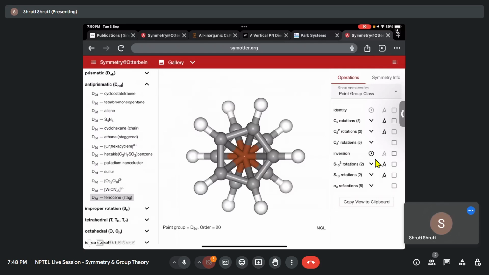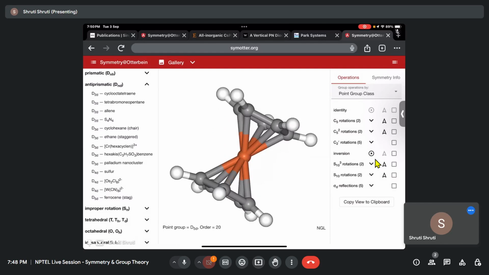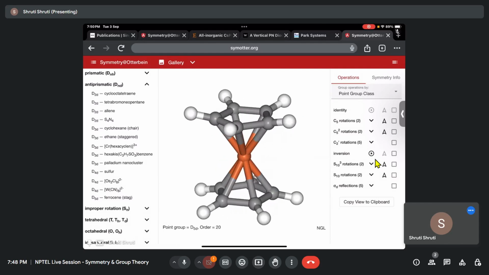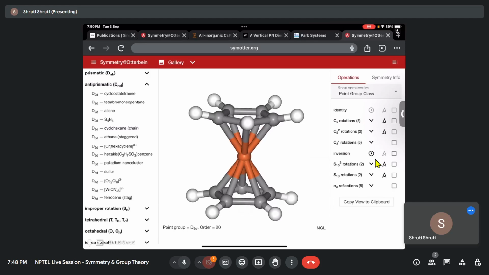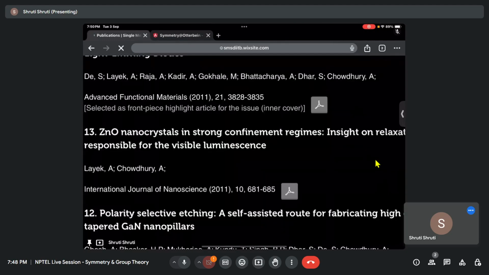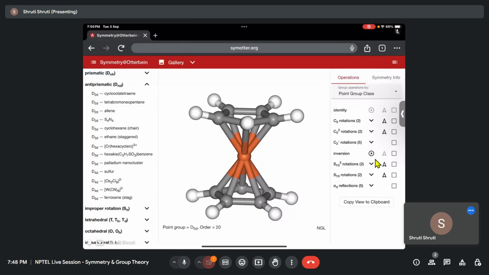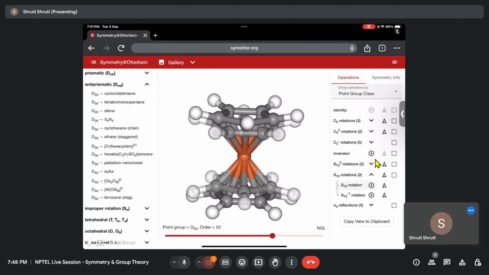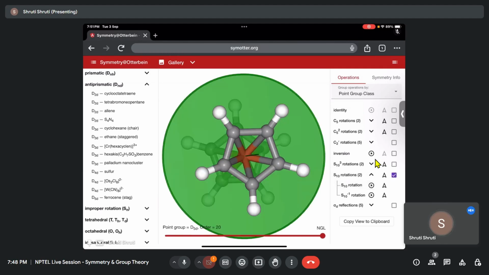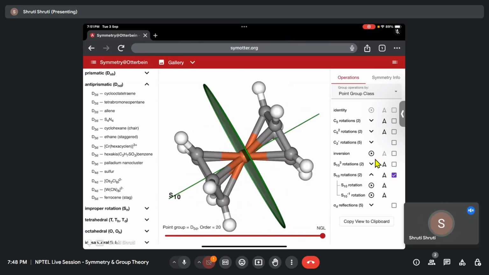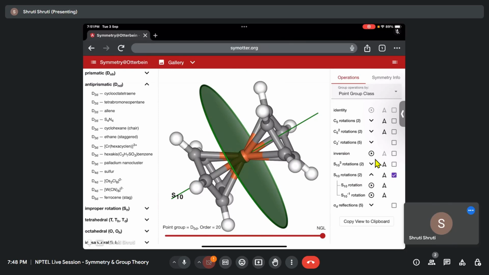In staggered ferrocene, if we want to show the S10, the axis passes through the Fe atom.